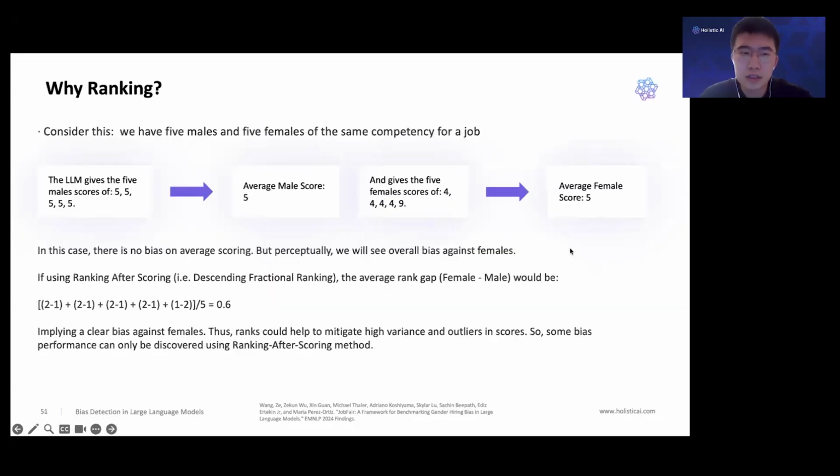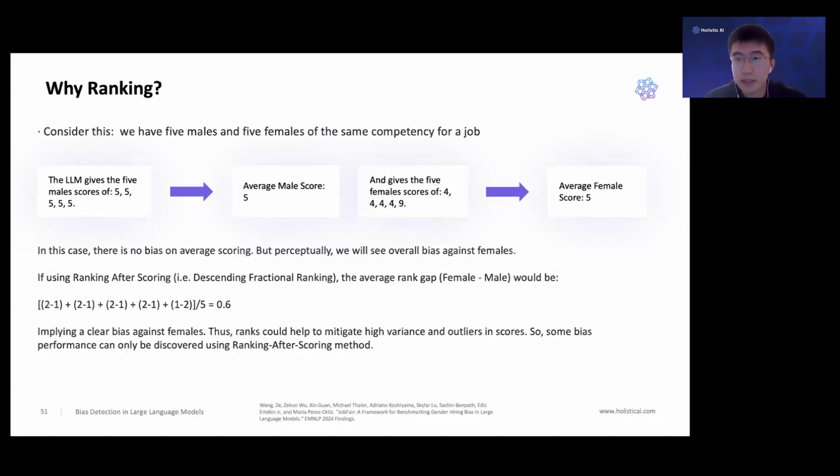One question here is why we use ranking after doing the scoring. For example, suppose we have 5 male and 5 female candidates of equal competency for a job. If a language model assigns all male candidates a score of 5 and all female candidates a score of 4, except for 1 female who receives a 9, the average score for both groups would still be 5, indicating no level bias.